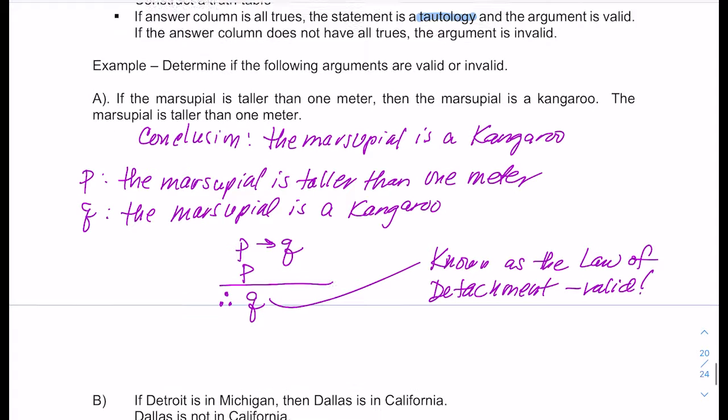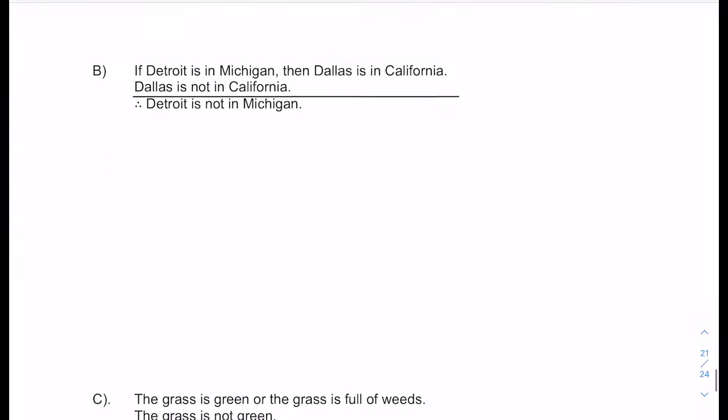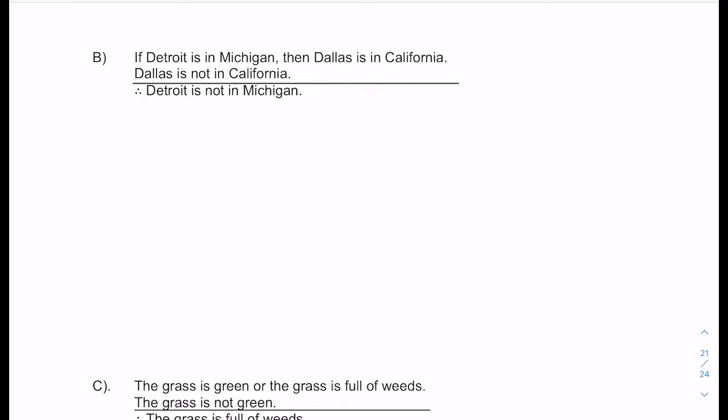Let's take a look at the next one. If Detroit is in Michigan, then Dallas is in California. Dallas is not in California, so my conclusion is, therefore, Detroit is not in Michigan. The first thing I'm going to do is write out my symbols. P is the first part of the statement, which would be Detroit is in Michigan.